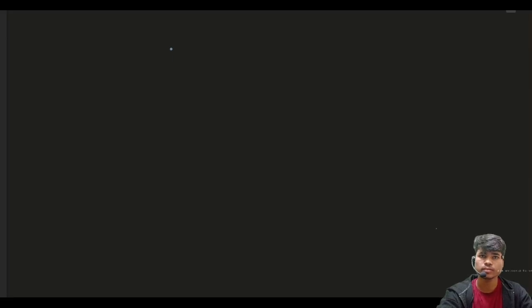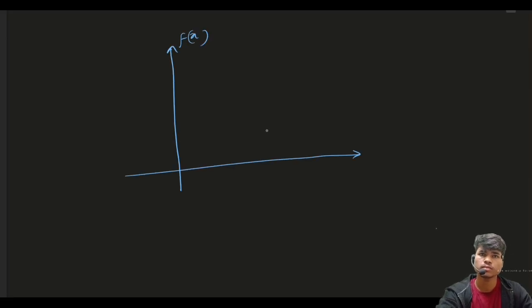Suppose we have a graph of a function. For a value a on the x-axis, the corresponding function value will be f of a.